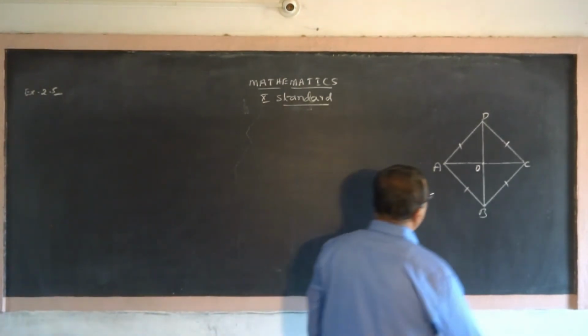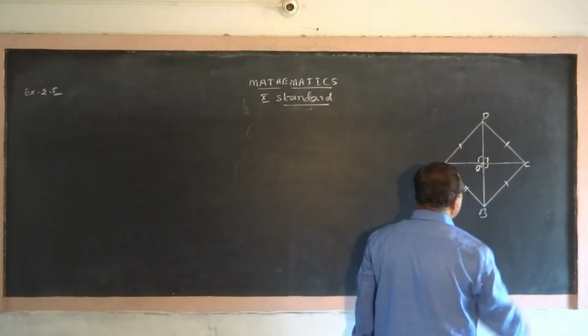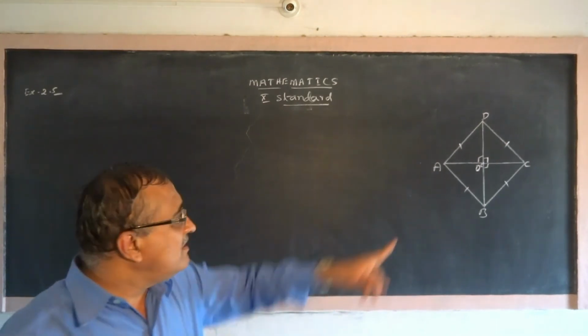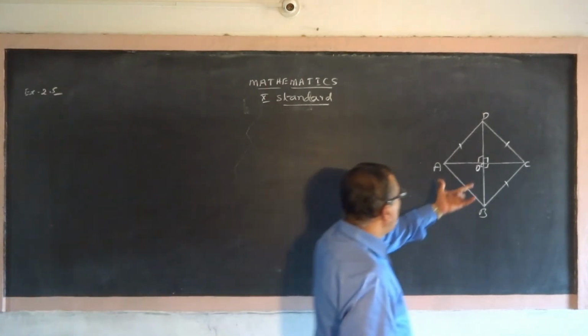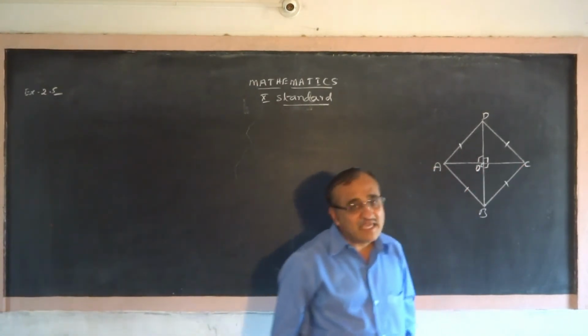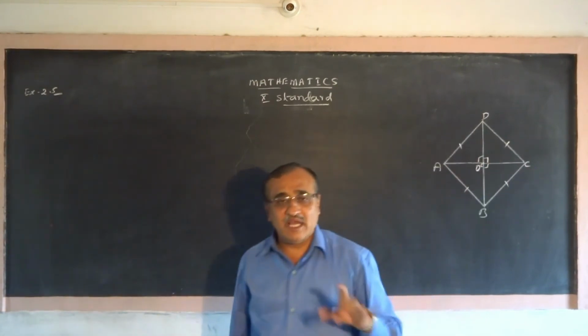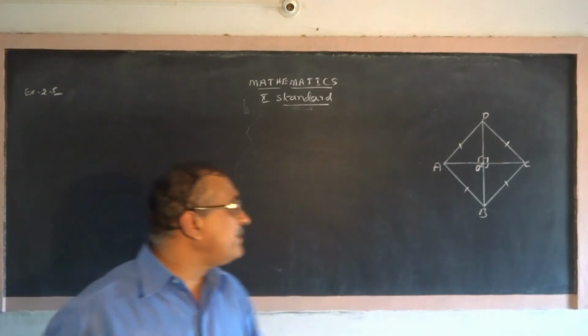They are not equal; bear in your mind, they are not equal. They bisect each other perpendicularly. OD is equal to OB, OA equals OC, but BD is not equal to AC.